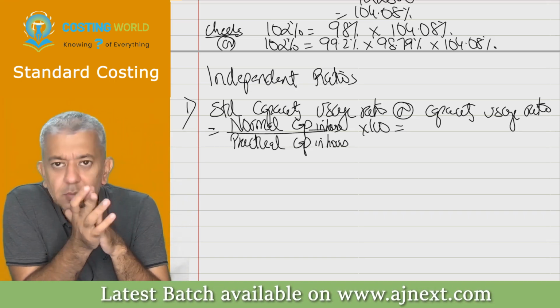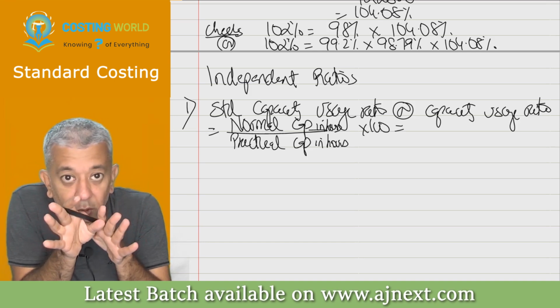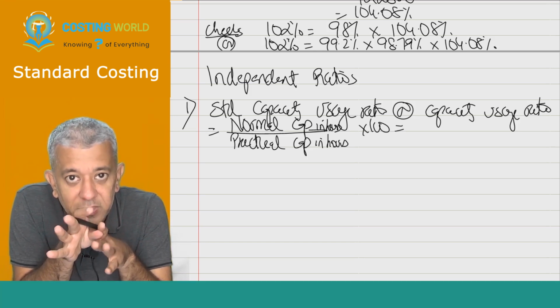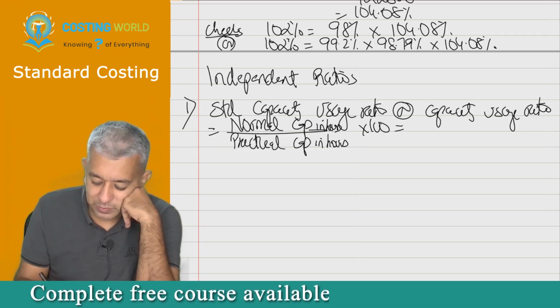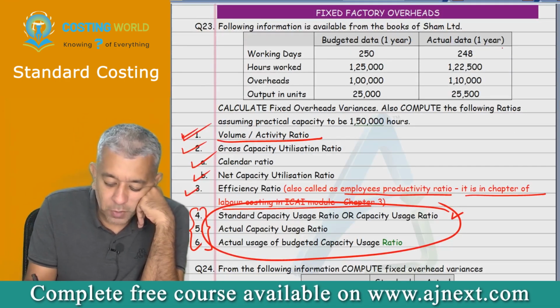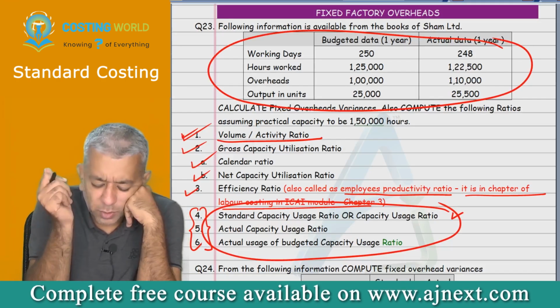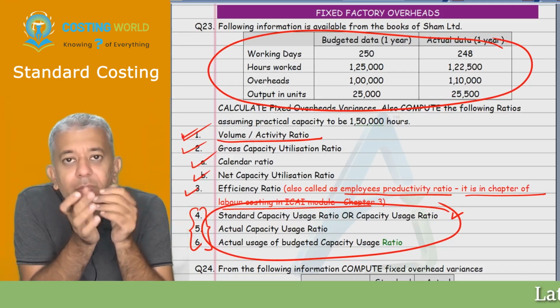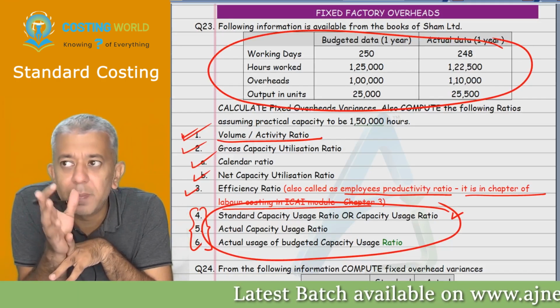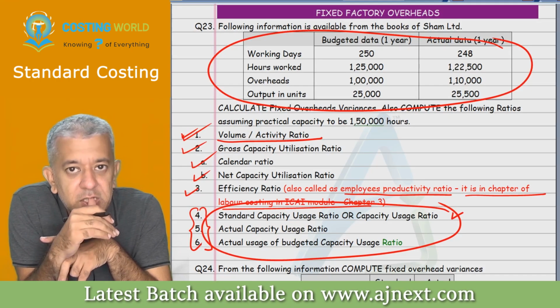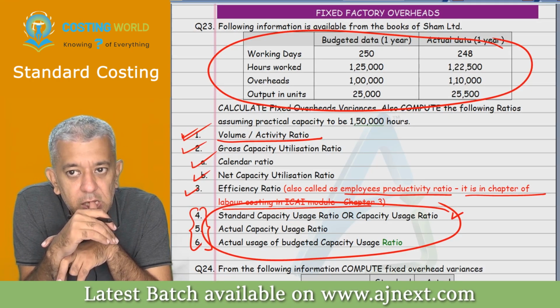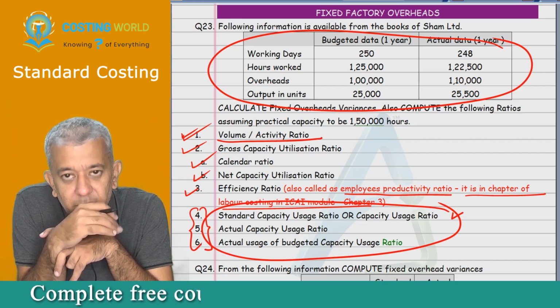Now, I want you all to remember something that you all have done in life. Listen. From this data, this is the same data that you all have written in your notebook also. Tell me, how much was supposed to be my normal capacity in hours? 1,25,000.